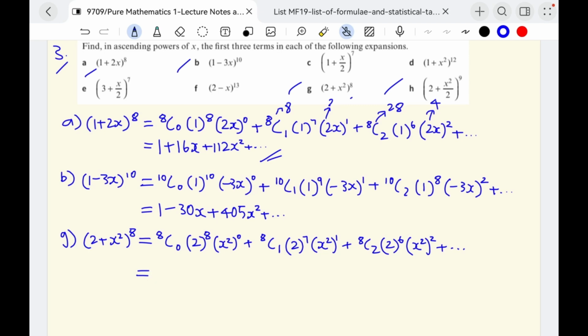So what is 2 to the power of 8? Just use your calculator to evaluate it. So you get 256, plus 8 times 2 to the power of 7, 1024x squared, plus 8C2 times 2 to the power of 6 is 64, 1792x to the power of 4, and so on.